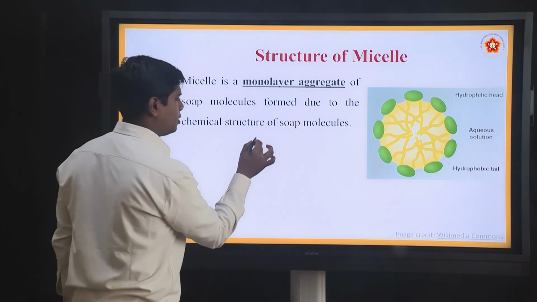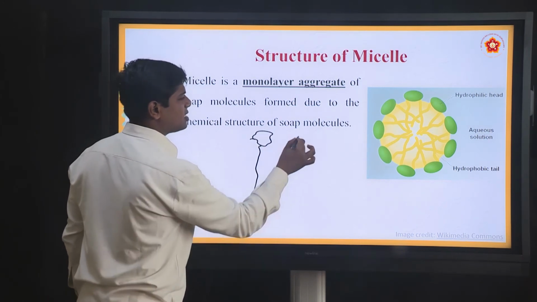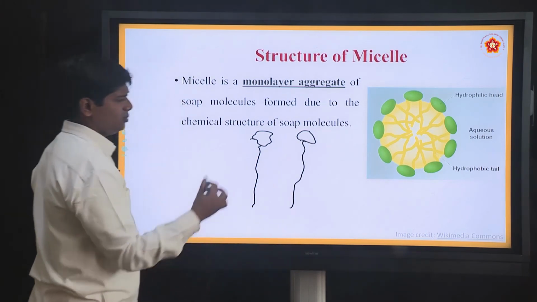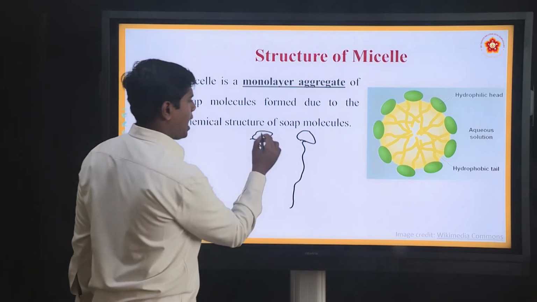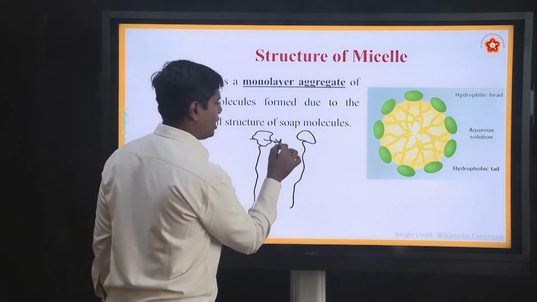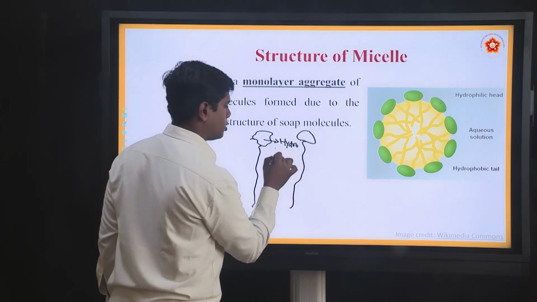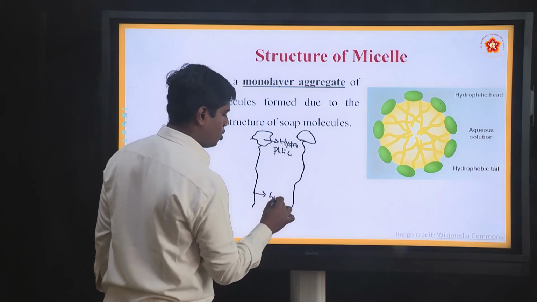Example, I will write. This is generally the structure. It has two parts, one is hydrophilic. The head region is hydrophilic. This tail region is hydrophobic.